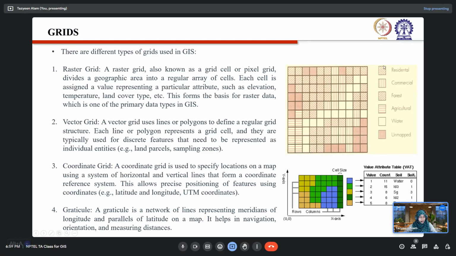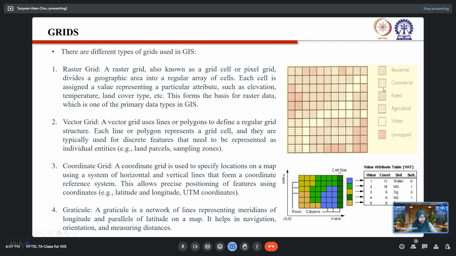For example, the diagonal lines represent your residential land parcels. That means there are residential houses or buildings in these land parcels, right? Which are diagonally inclined towards the right. If it is diagonally inclined towards the left, these represent your forest. If you have a 180-degree horizontal line, it is agricultural land, as in this parcel.